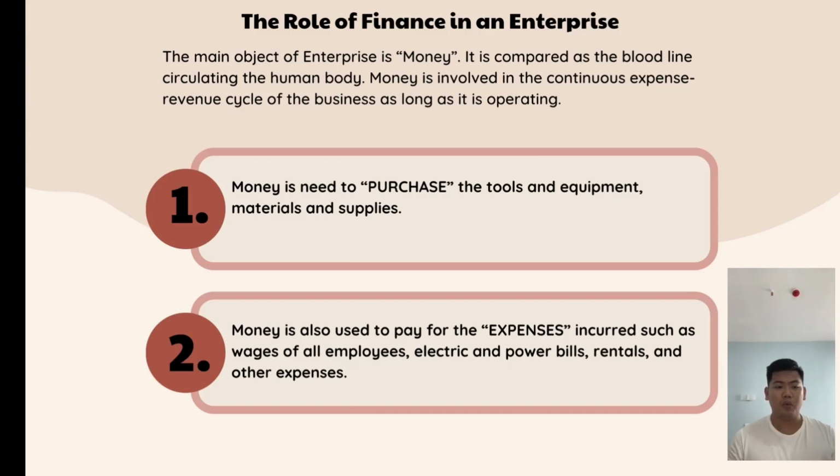So still we must have a specific amount of money for the expenses also, not just for the tools and equipment and materials of our business, but also for the expenses like wages expense or other expenses in our business.